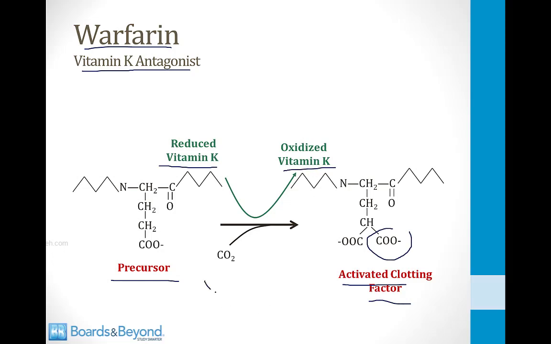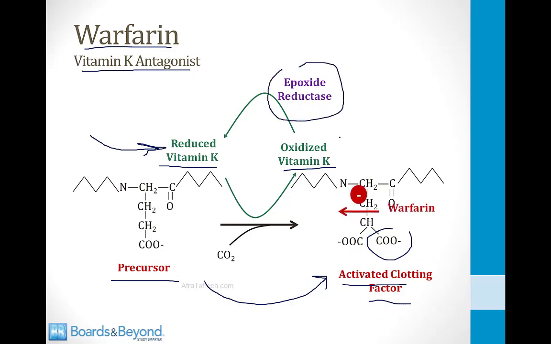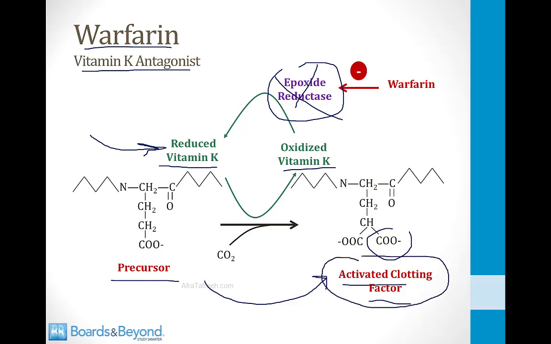If you want to be able to continue to synthesize activated clotting factors, then you need to regenerate the reduced form of vitamin K. The enzyme that regenerates the reduced form of vitamin K is called epoxide reductase, and warfarin is an inhibitor of epoxide reductase. So in patients on warfarin, they cannot regenerate reduced vitamin K, and therefore they are less able to synthesize activated clotting factors, and this is helpful in patients who have blood clot disorders.